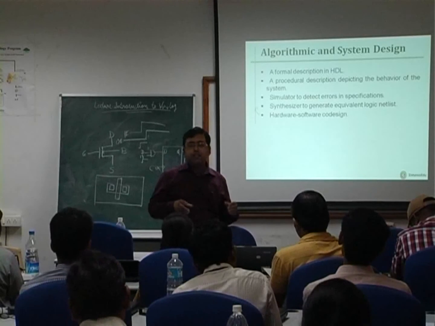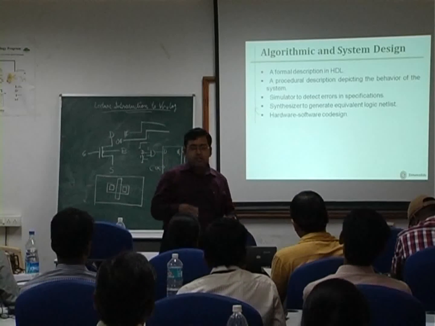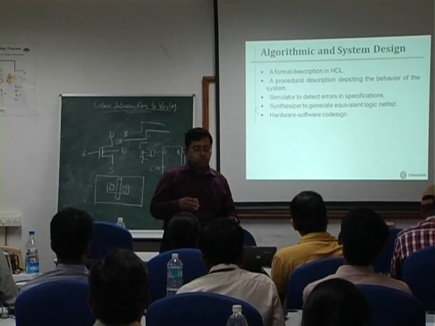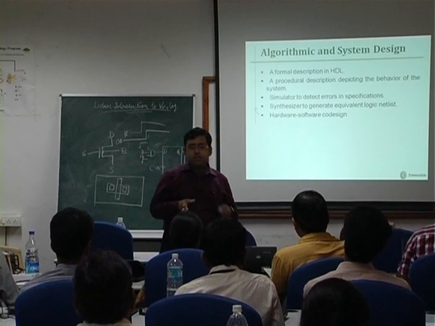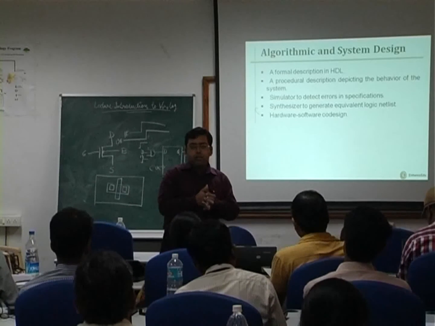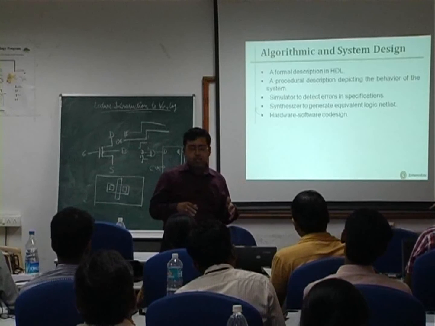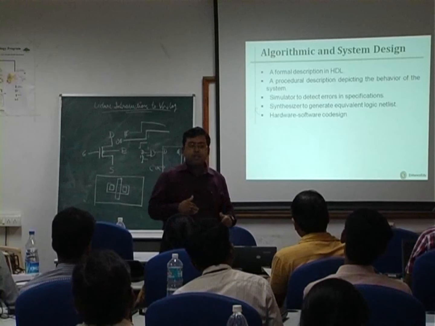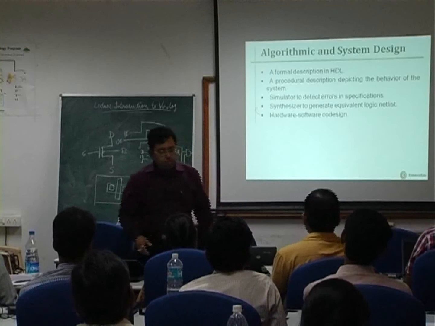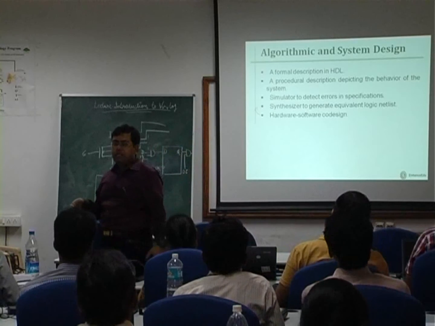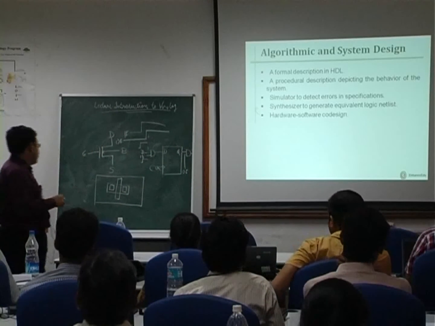Once we are okay with the behavior of the circuit based on the algorithmic description, we use synthesis tools to generate a description about the interconnection of logic gates to depict the behavior and the structure of the circuit. So this description of interconnection of gates, which we call a net list, a net is basically a wire connecting the components.